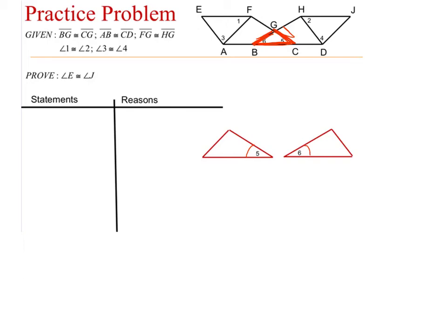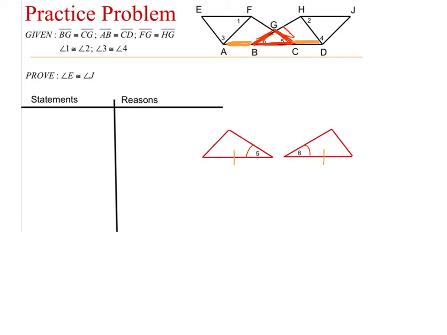The second piece of information that we have tells us that AB is congruent to CD. Now, notice, AB is only part of the red triangle that I have drawn below. However, if we use addition, we know that line segment AC is congruent to BD.